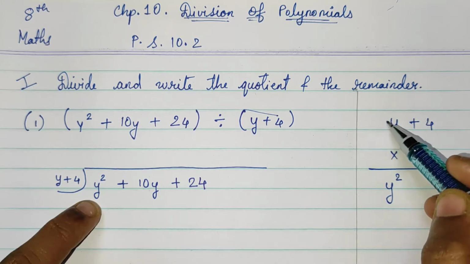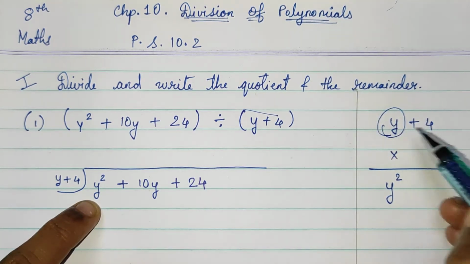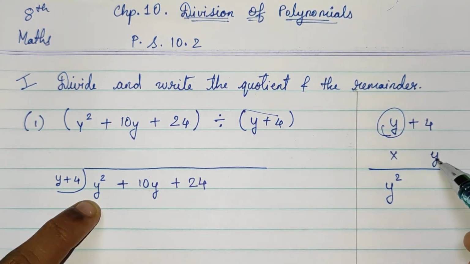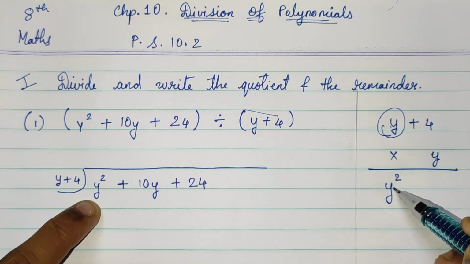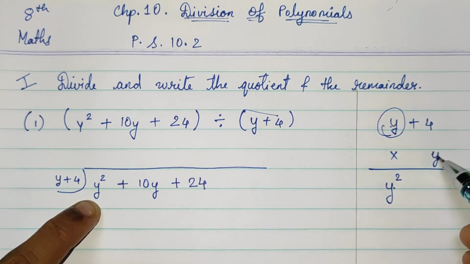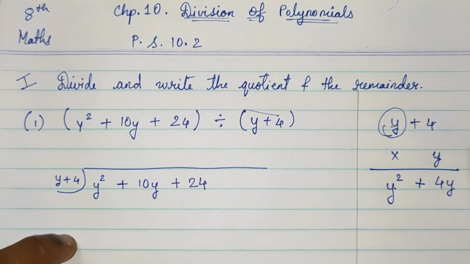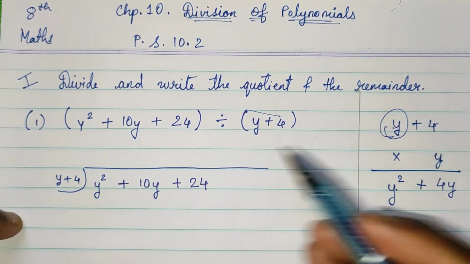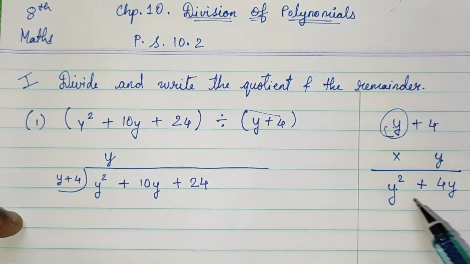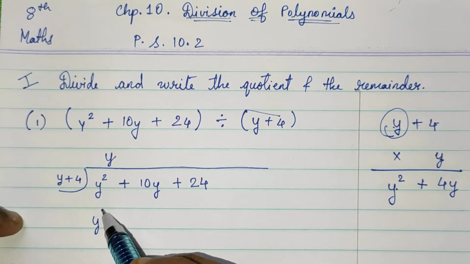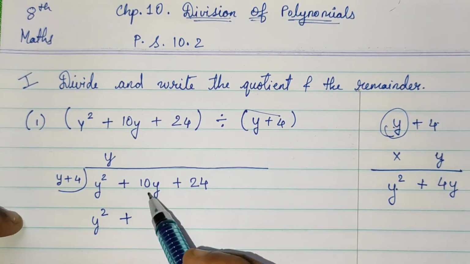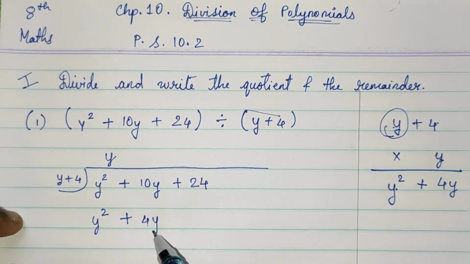Here we have y, so we need one more y. y into y becomes y squared, and y into 4 becomes 4y, plus into plus, plus. So when we multiply this term by y, we get y squared plus 4y.